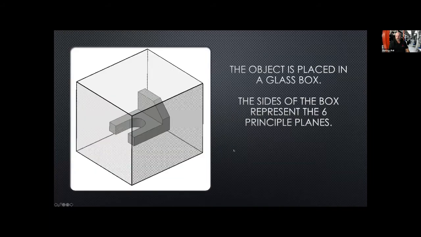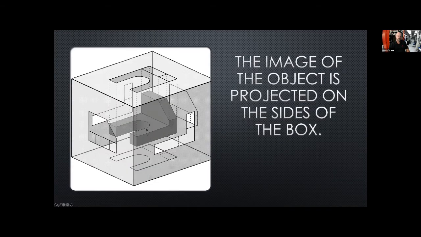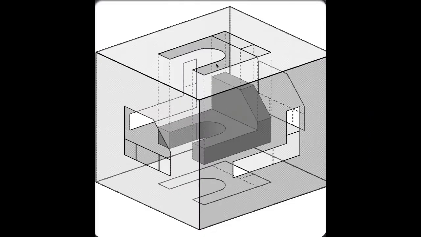So this is what we mean. You've got this glass box around an object, and then you project out. You project from this top view up into the top of the glass box, and then you project from the bottom down to the bottom of the glass box, and then the front, the sides, and the rear.